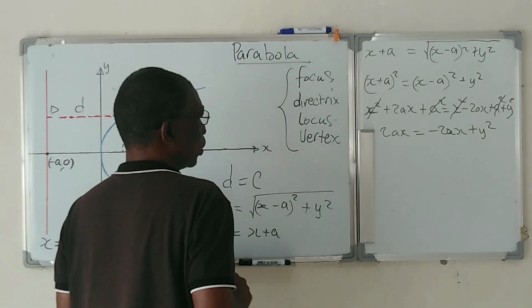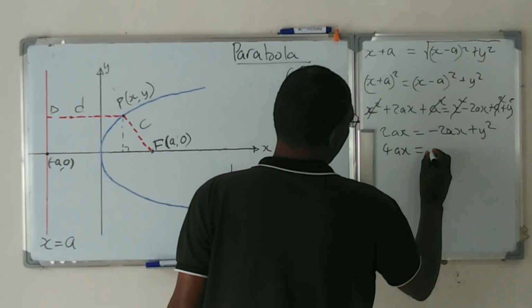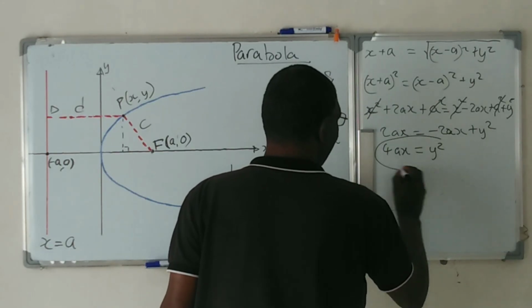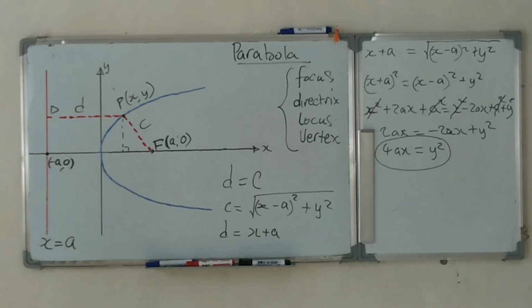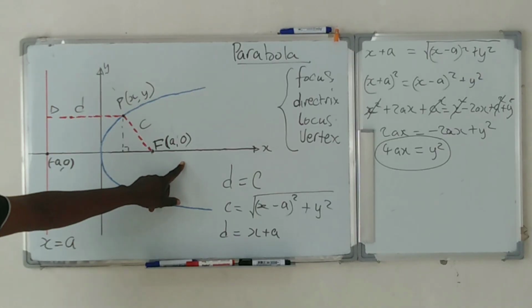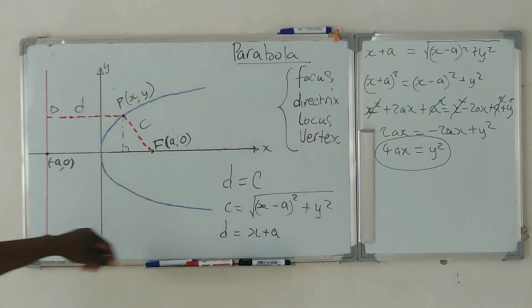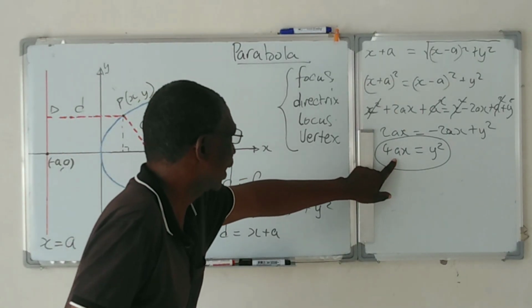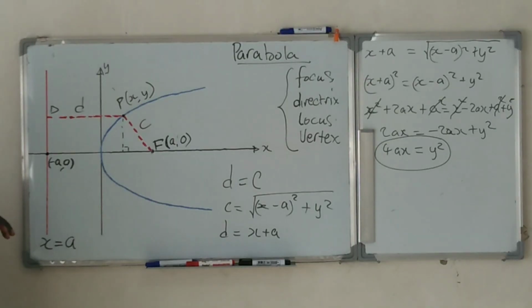Transferring the 2ax to this side, we have 4ax is equal to y squared. This is the equation of a parabola with focus at the point (a, 0) and with the directrix being the line x is equal to minus a. Now, that would be the equation of our parabola.